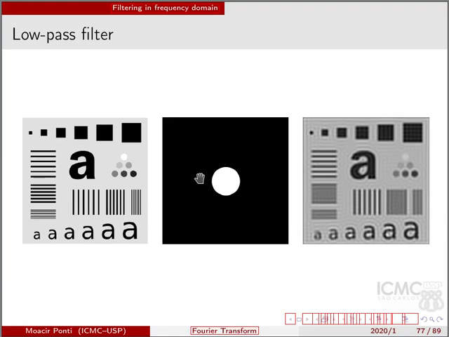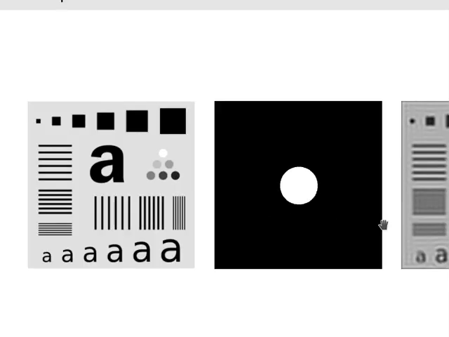The low pass filter behaves in the opposite way. By removing the higher frequencies, instead of losing the flat regions, we are going to lose the transitions. Any transition below some given threshold is going to be lost.